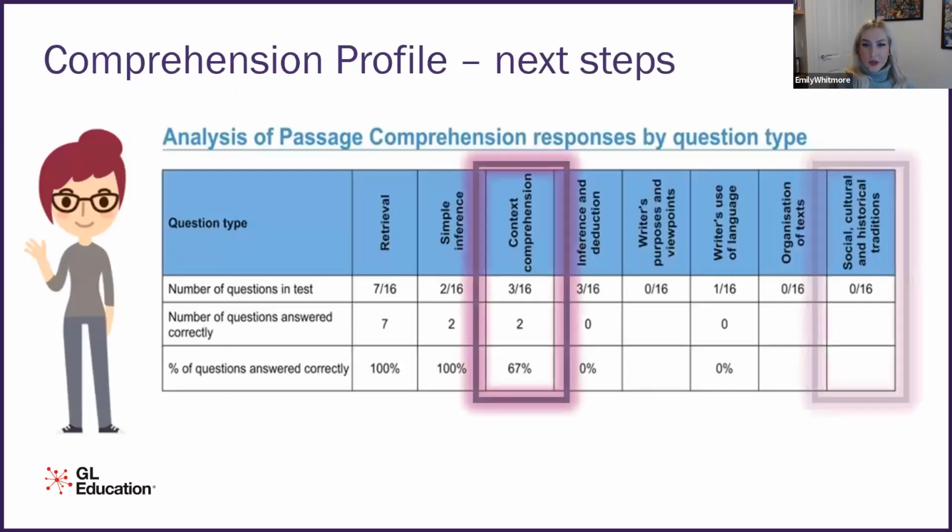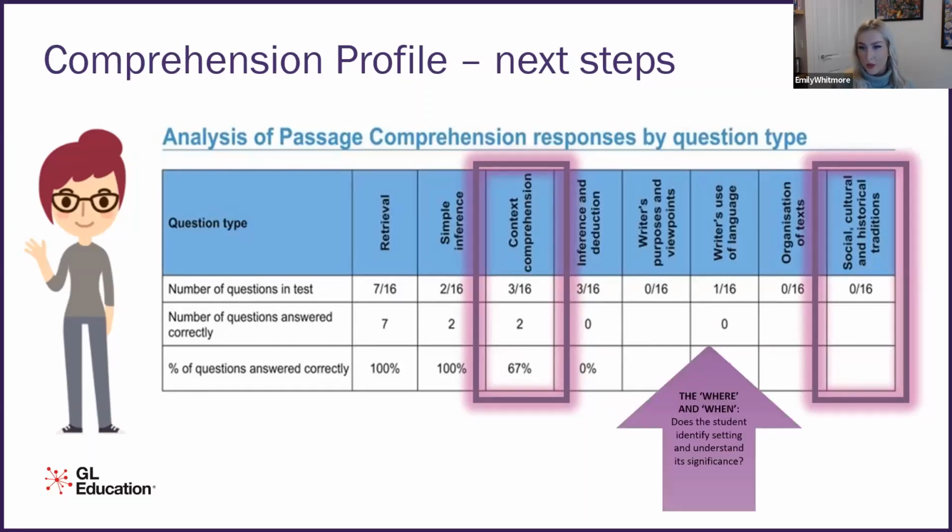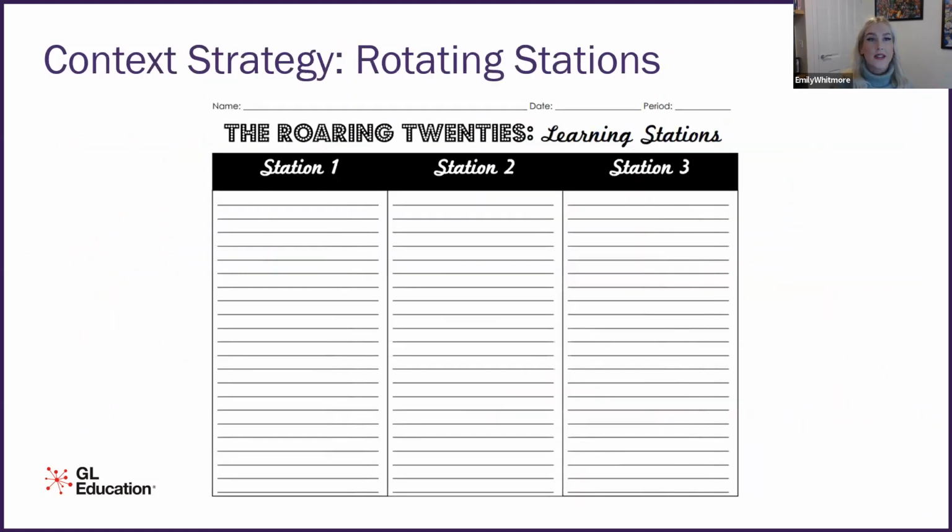Now, if your students are struggling with either context comprehension or social, cultural, and historical traditions, or what I would call the where and the when, which is essentially asking, does the student identify setting and understand its significance? A strategy I recommend to really help students kind of step into the time period or really tune into the historical era of the text is an activity called rotating stations.